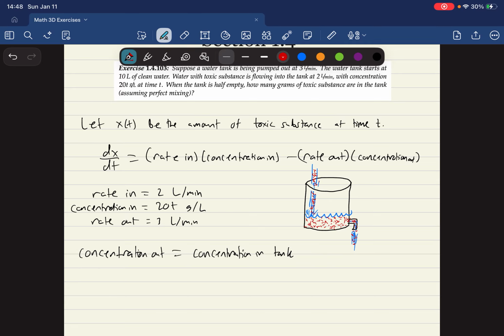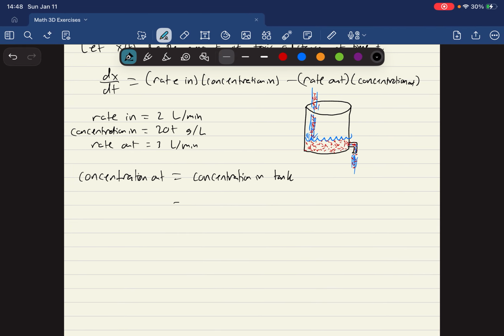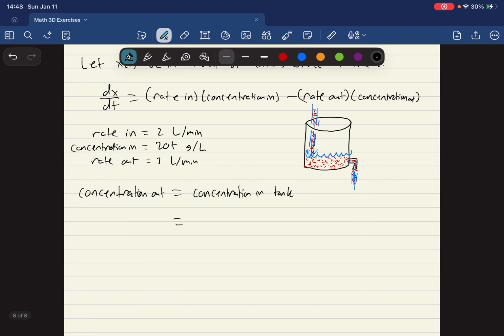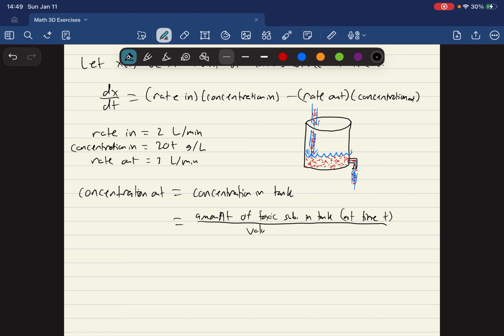But what is the concentration in the tank? Well, this will be the amount of toxic substance in the tank at time t divided by the volume of water at time t.